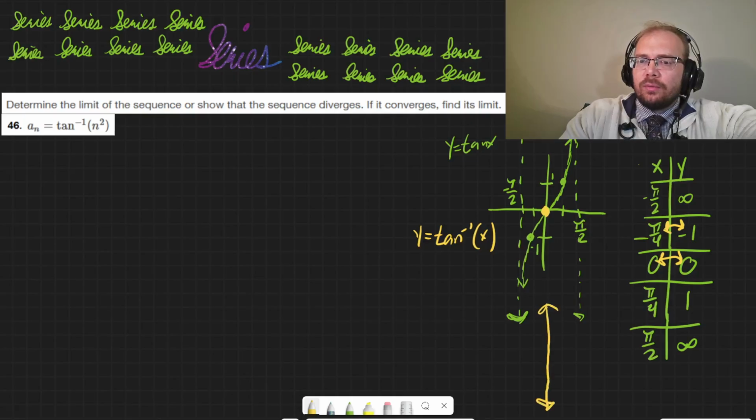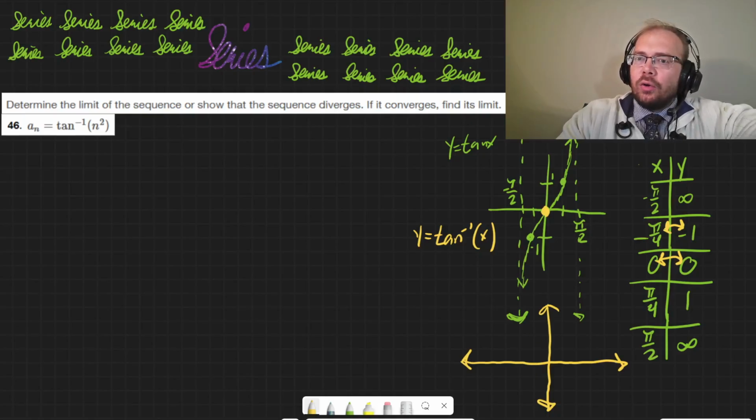Let's go like this. All right. So if the x value is negative 1, then the y value would be negative pi fourths. So negative pi fourths. And that's right about there. And then we have there. Negative pi halves, right, if we switch these two.